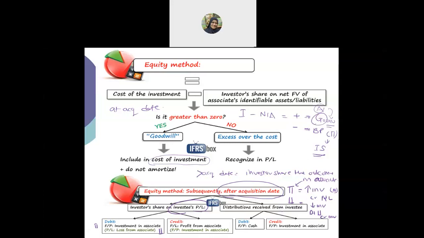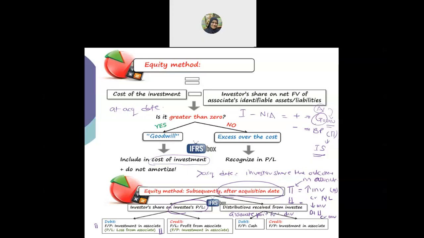Another thing that affects the associate's outcomes is dividends. When the associate pays a dividend, normally they're going to use their profit.